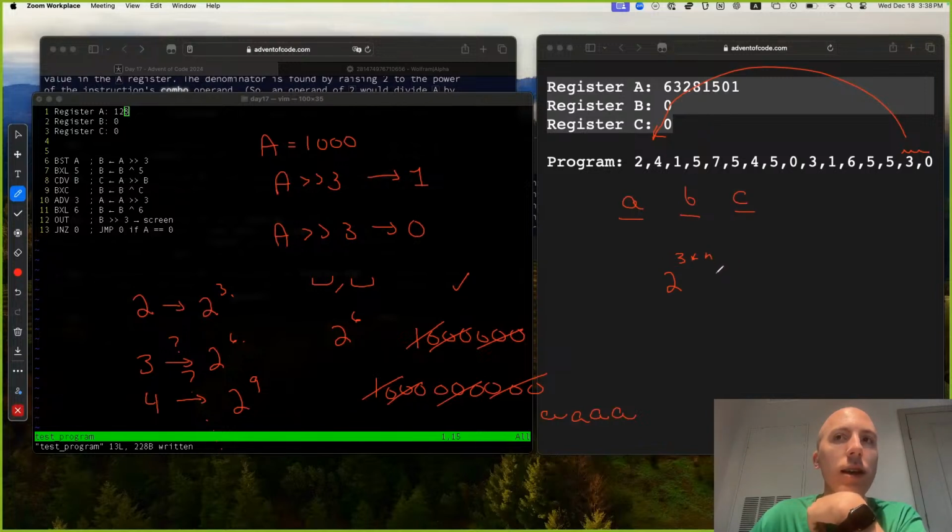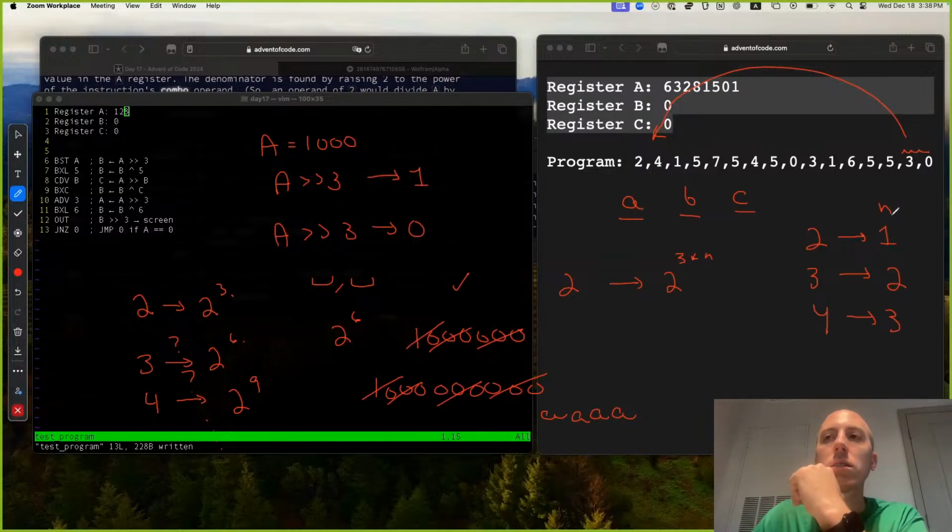But 2 should go to 1 in terms of n, 3 should go to 2, 4 should go to 3. So we basically have 3 times n minus 1.